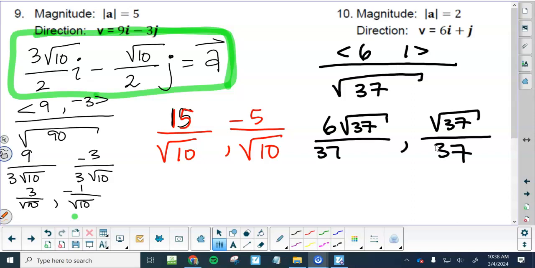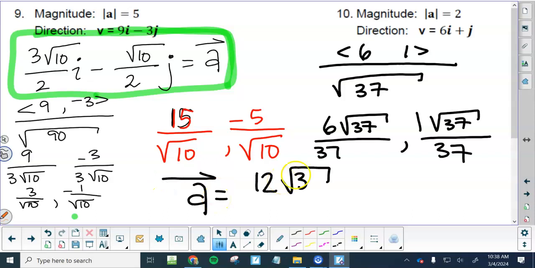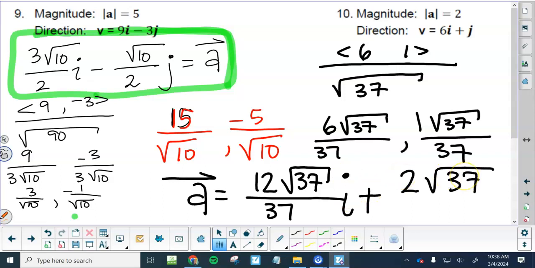When we apply the magnitude of 2, the 6 is going to double, and this 1 is going to double. Nothing is going to cancel out, though. So when we write it in linear combo form, vector A is going to be 12 root 37 over 37 I, because remember it started out in combo form, plus 2 root 37 over 37.